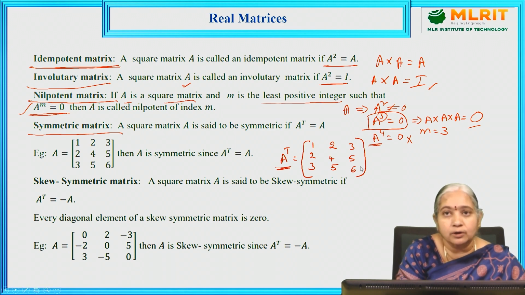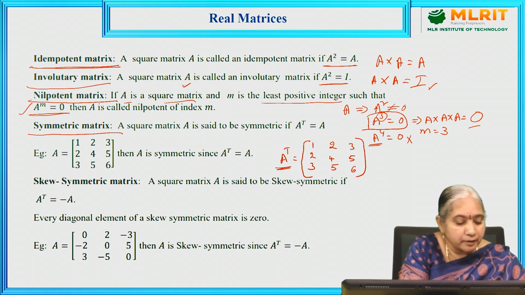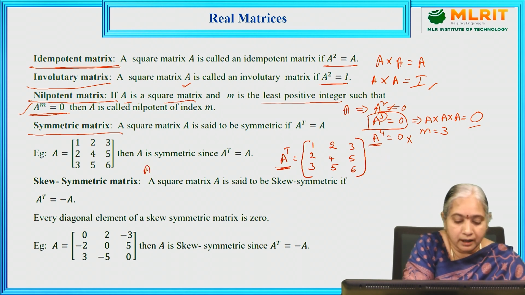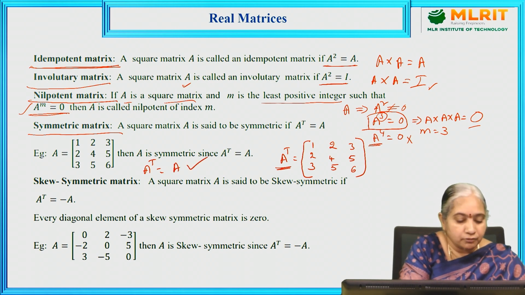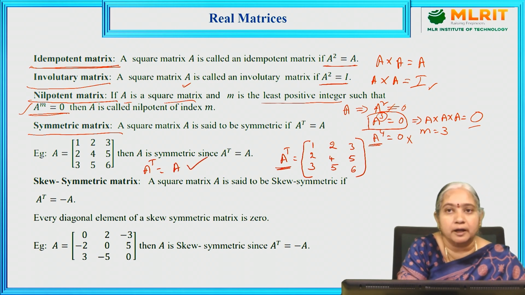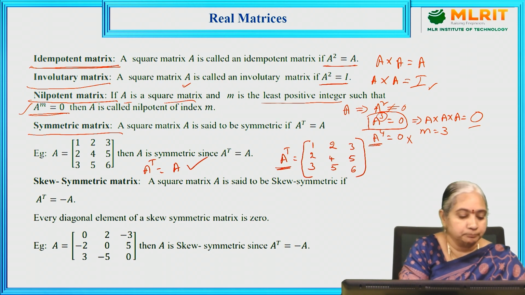So there is no change in the order of the elements. That means the matrix A and A transpose are the same. Here the property A transpose equal to A is satisfied. Therefore, the matrix A is said to be a symmetric matrix.